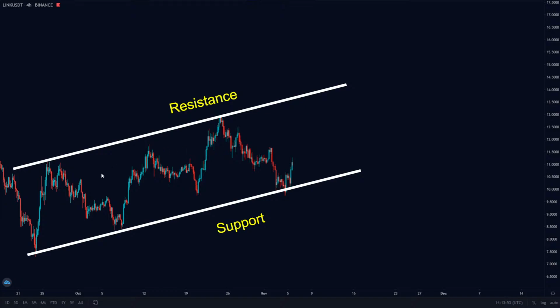You see pretty much the same as in case of the horizontal resistance and support lines. You see price respects the support and the resistance lines because it bounces off the support and reverts from the resistance.